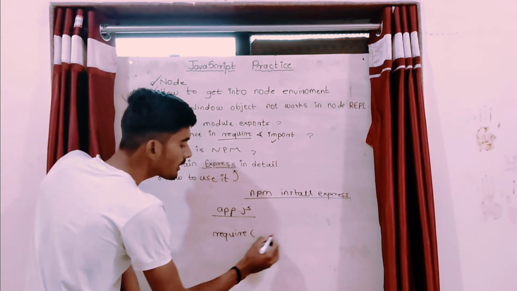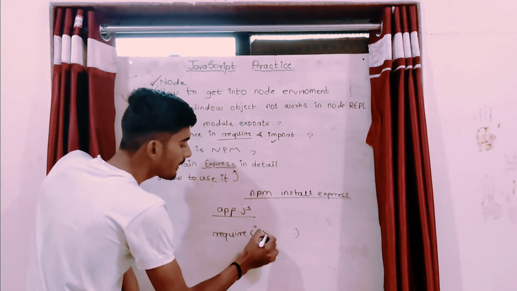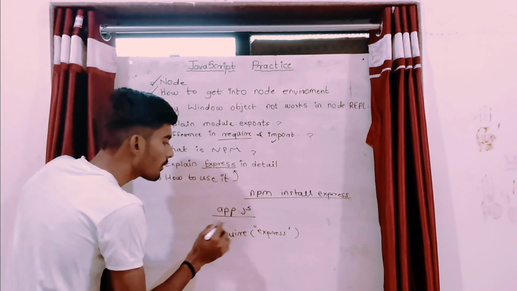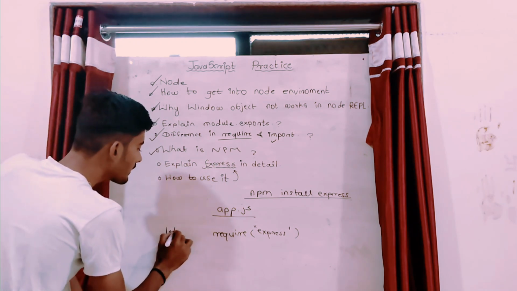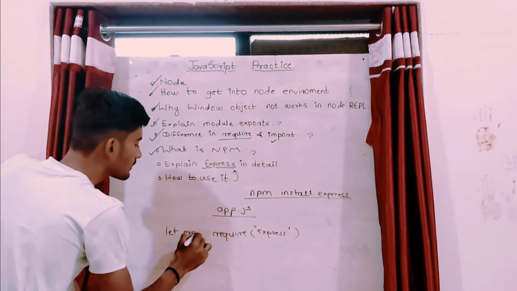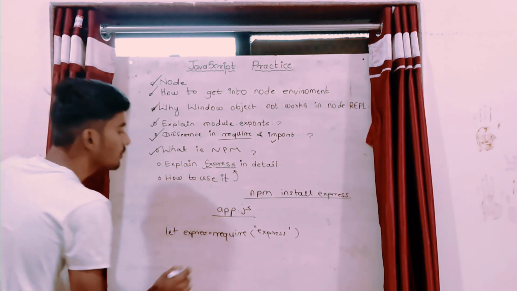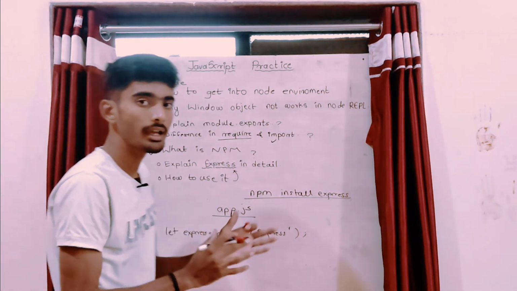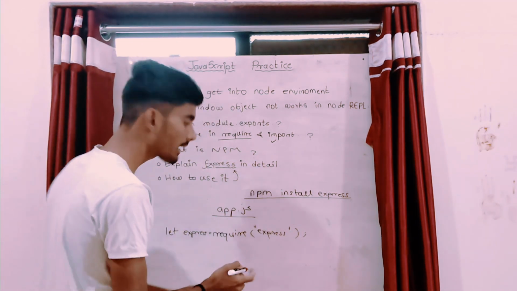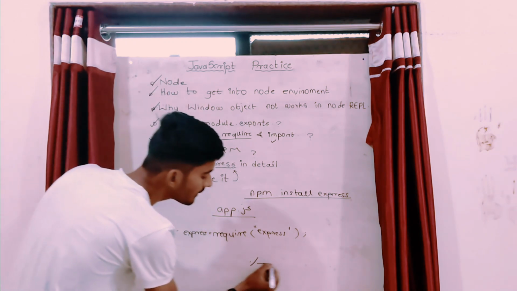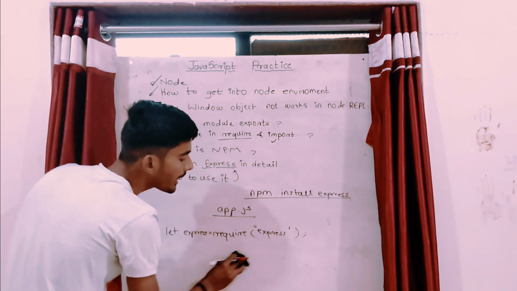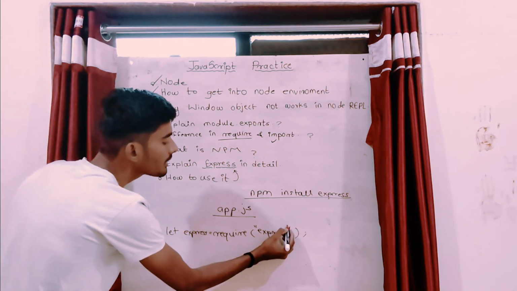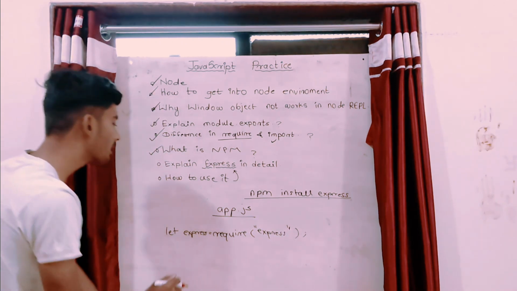You write express inside require, and store that in the variable express. Whenever you are accessing a file in your folder, we use / and then the file name. But this is a package, not a file, that's why we have not written / here, we have only written express. I think you are clear about it.